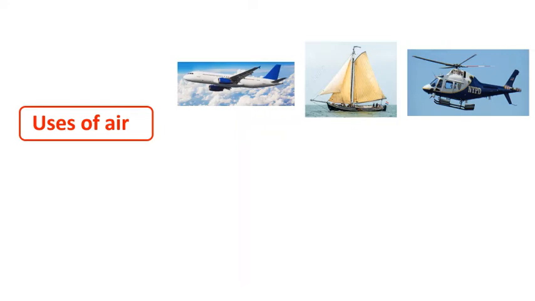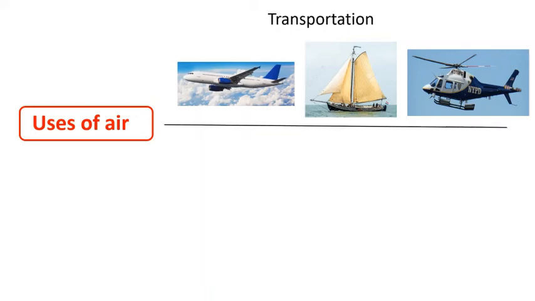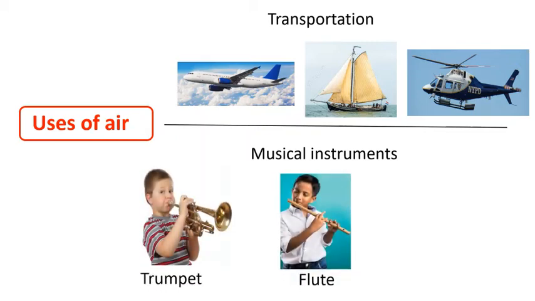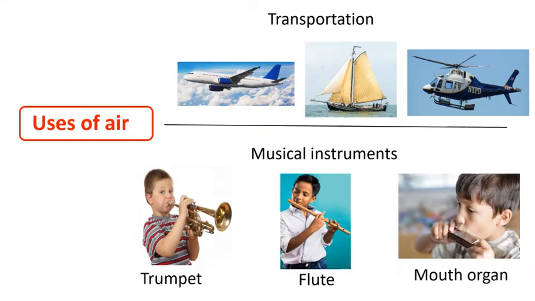So air is also used for transportation purposes. And we also use air. With the help of air, we can play few musical instruments like trumpet, flute, mouth organ, etc.